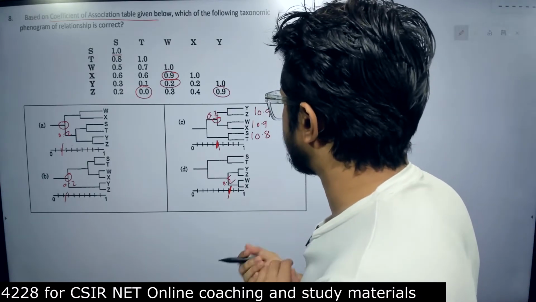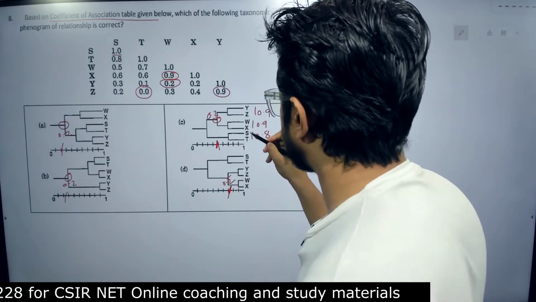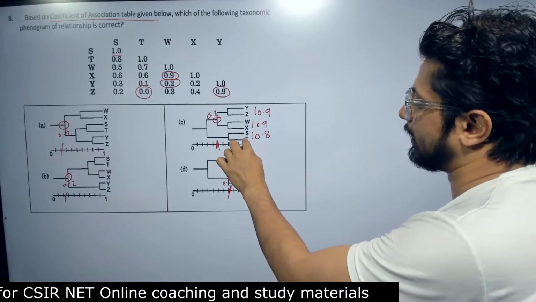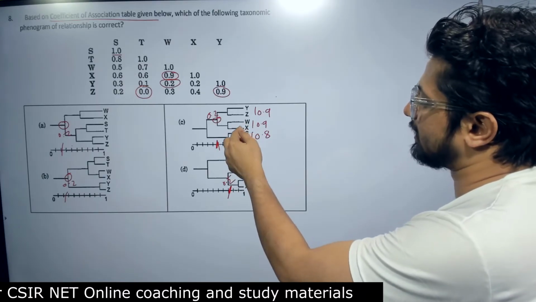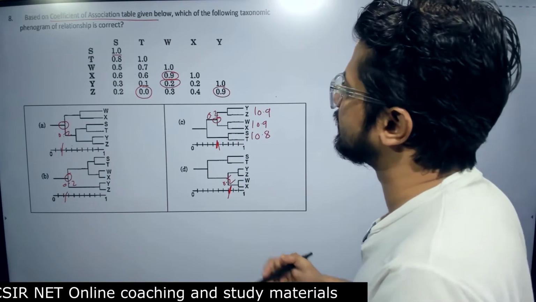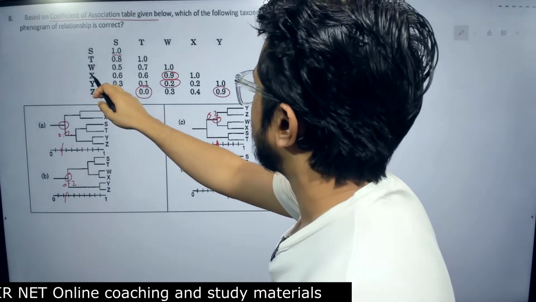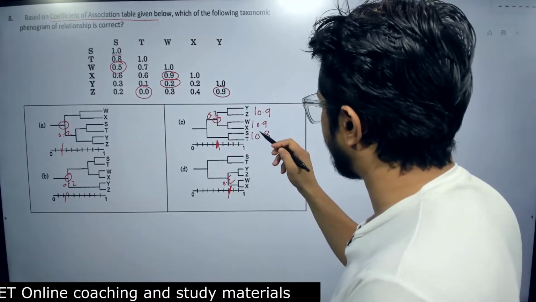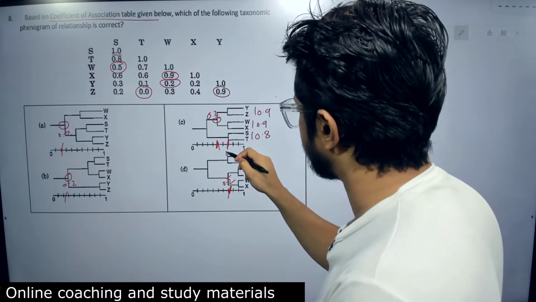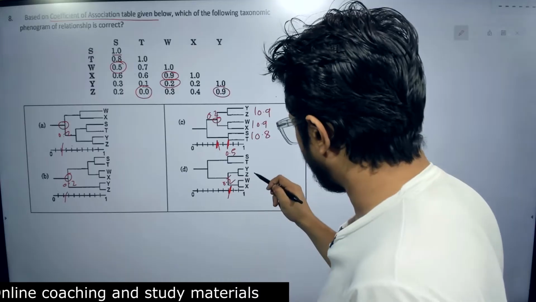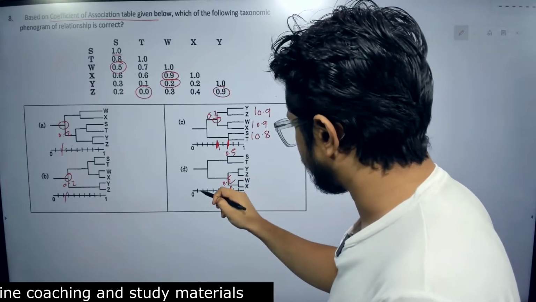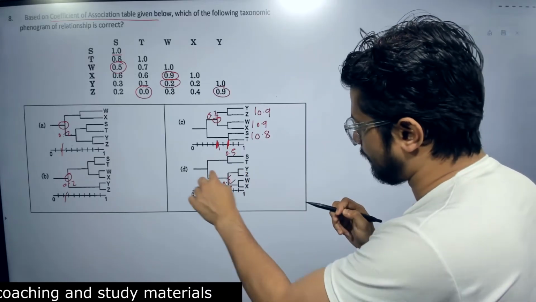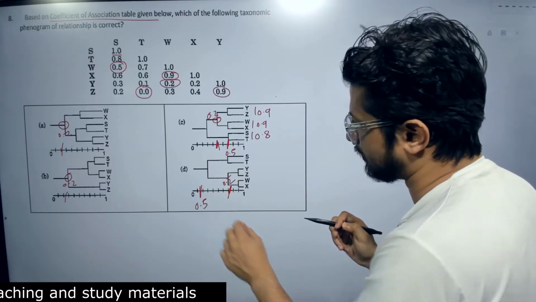So now let's see some others. Let's see between S. So between this, एक member यहाँ से लेते, एक member यहाँ से लेते. So we'll take one from here, one from here. So let's take S and X or S and W, something like that. S and W let's take. W and S, we get 0.5, because S is in this top, W is in this top, so this is the common ancestor 0.5.